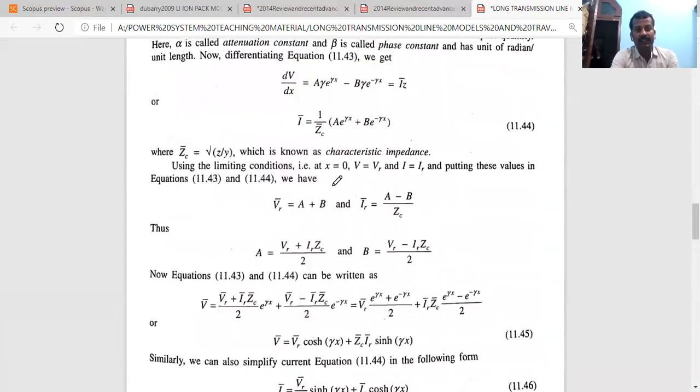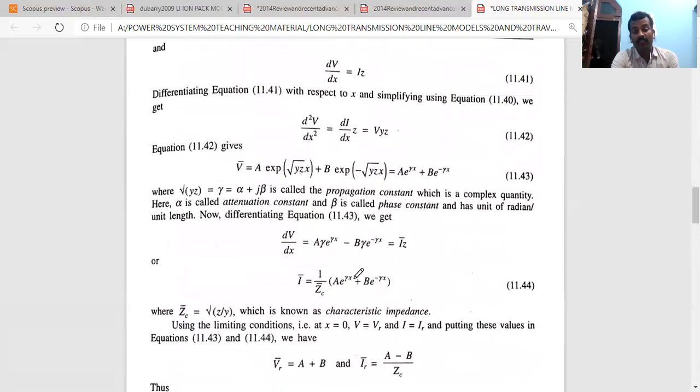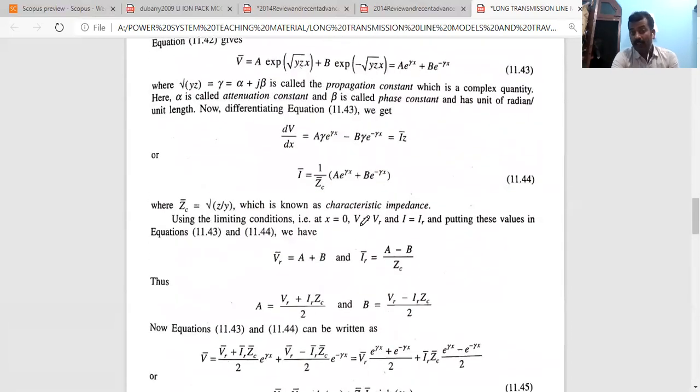Now using the limiting condition to calculate the constants A and B: if we put x equal to 0, x equal to 0 means the receiving end. At the receiving end, voltage was VR and current was IR.